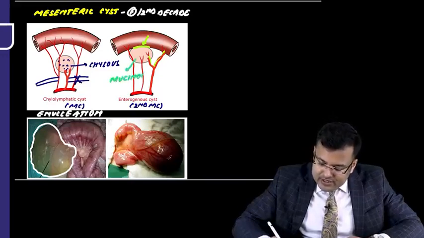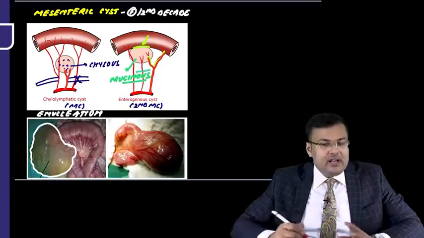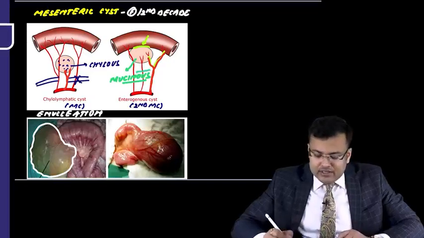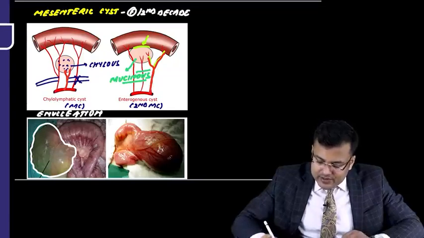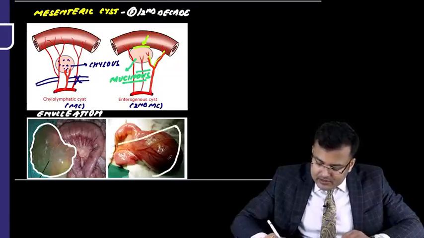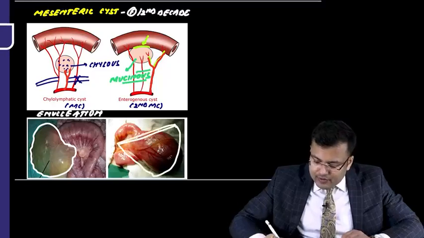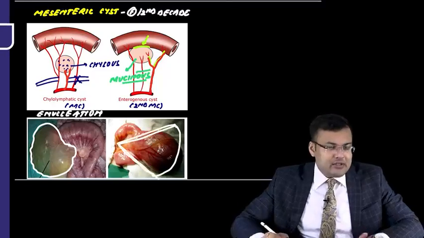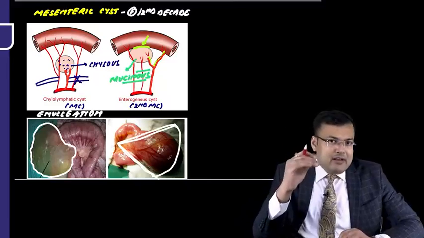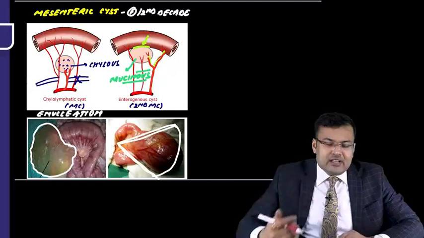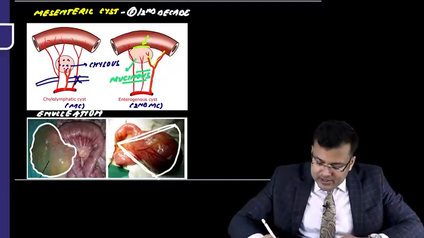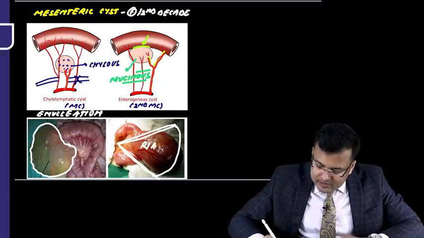In enterogenous cyst, the content is mucinous. There is shared wall and shared vascular supply, and that's why we perform resection and anastomosis. The part of bowel whose wall is shared is also resected. So here treatment is resection plus anastomosis.